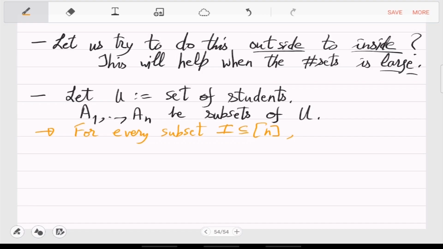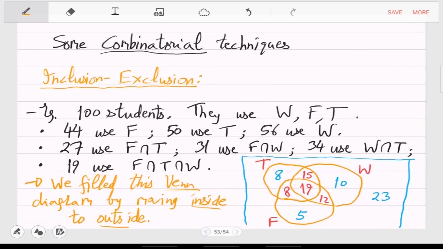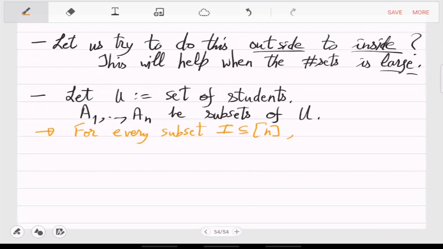So how many subsets are there of 1 to n? 2 raised to n, right? So as n grows, the number of these I's will be large. So the picture will be impossible to draw, because here you just had 8 numbers. In general, it will be 2 raised to n, so we have to do this symbolically.